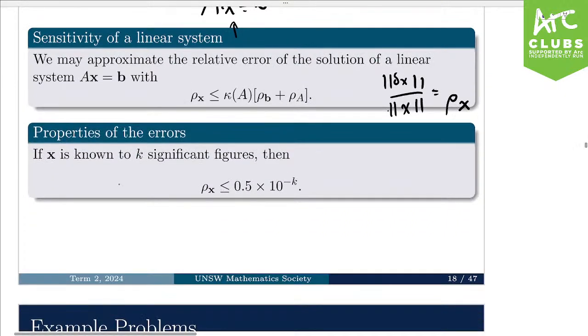And here the next block is just translating significant figures to relative error.